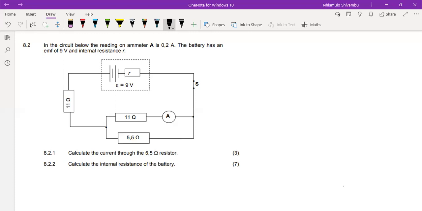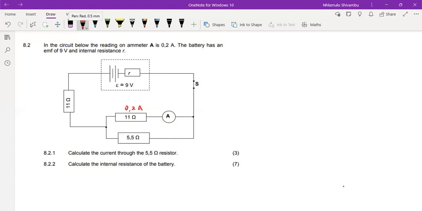What we know is that the current in the 11 ohm resistor is 0.2 amps because it's given by the ammeter reading here. The current in the 5.5 ohm resistor is unknown. So we need to ask ourselves what quantities we need in order to calculate that current.